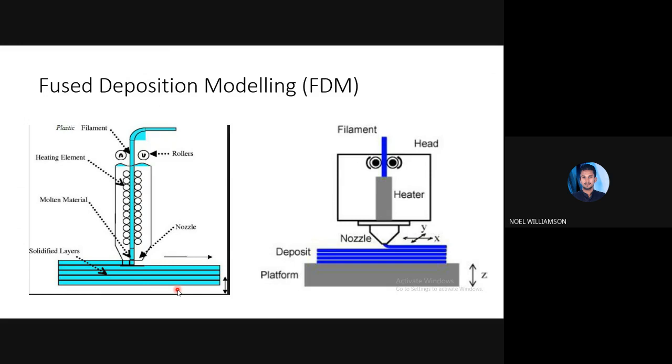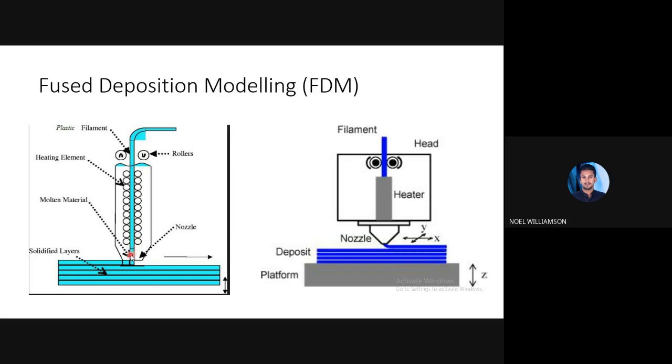This will analyze how the first layer is. Depending on that, using the rollers, the filament reaches the particular surface where there are many heating elements. Using this heating element, the filament is melted and liquefied.